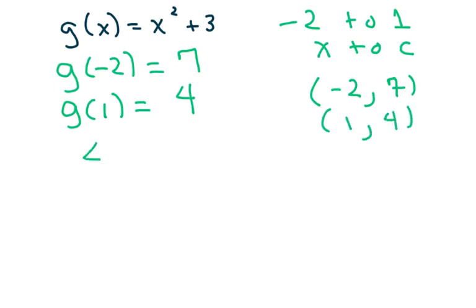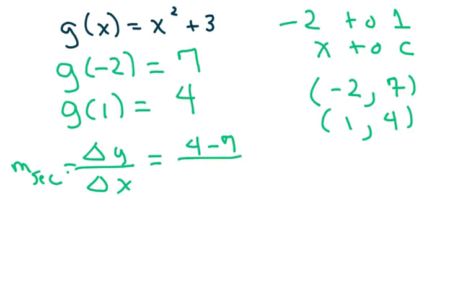Use your slope formula, which is the slope of the secant line, or average rate of change. So I get 4 minus 7 over 1 minus a negative 2, which gives me negative 3 over 3. Here we go, negative 1 again. Then I write my equation.